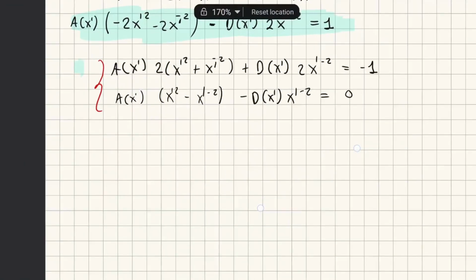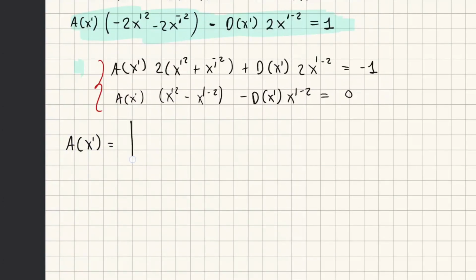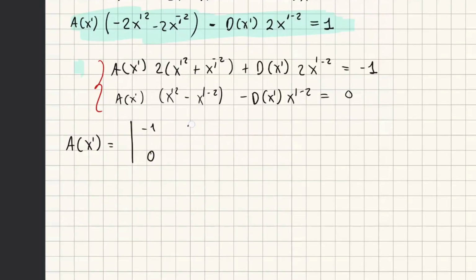Again, we are going to make use of the Cramer rule to solve it. So a of x prime is equal to, what is this going to be? Well, we will have here minus 1, and then 0 here, and then 2x prime to the negative 2 here, and minus x prime to the negative 2.